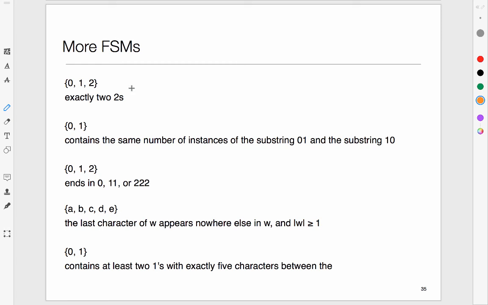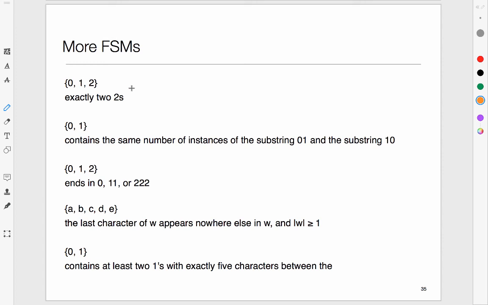Before the stop sign comes, the string could have had 0s or 1s or 2s, and then the stop sign comes. At the stop symbol, you are going to go and sit in one of 2 states, success or failure. Success is defined as the string which came from start till the stop sign having exactly 2 2s.